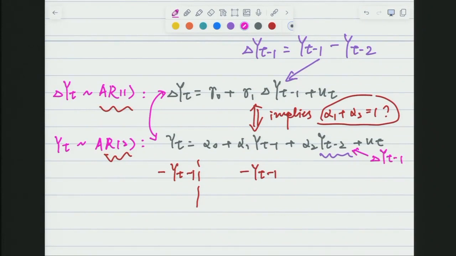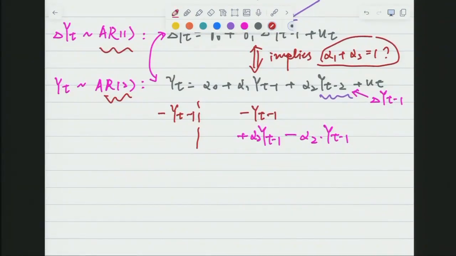To do this, we simply add and subtract alpha 2 times y_{t-1} to the right-hand side of the equation, and that keeps the equation unchanged.